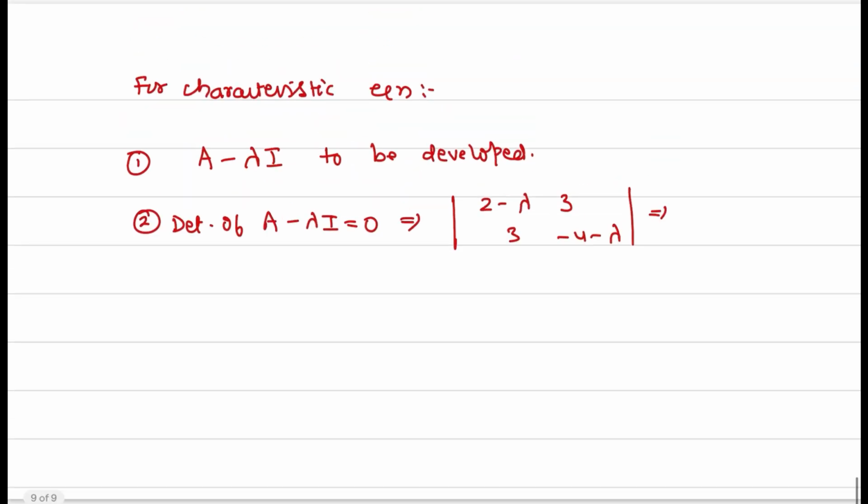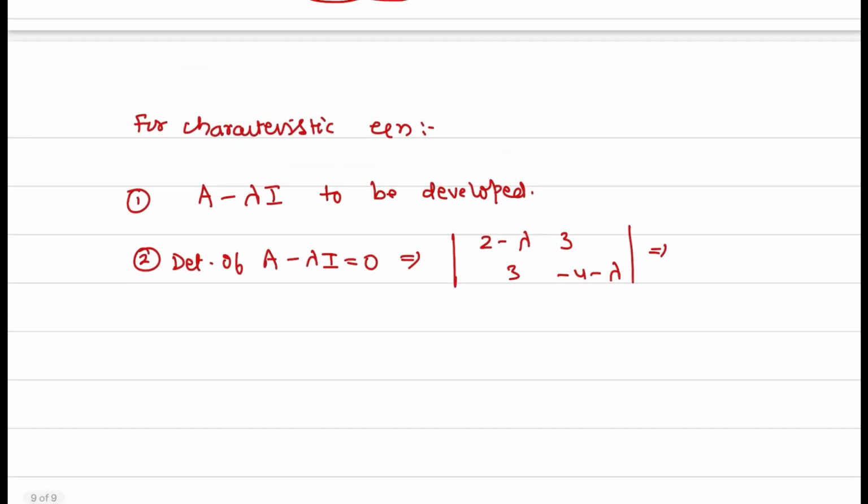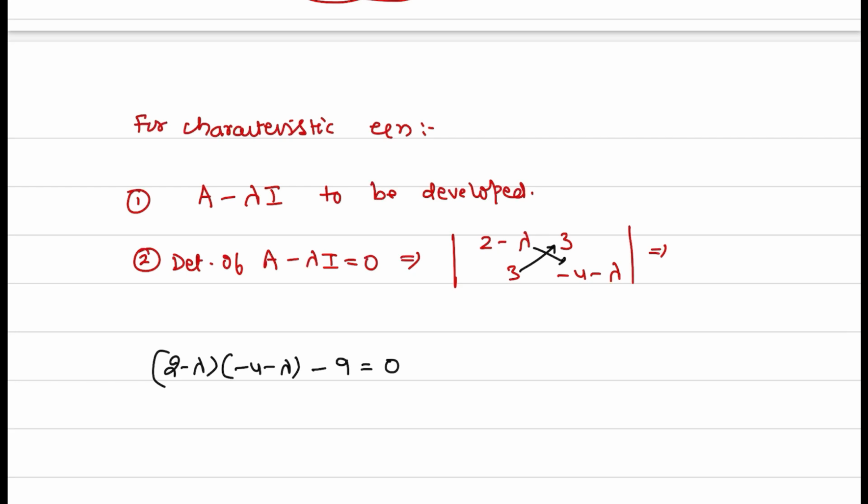You can find the determinant easily: this into this minus this into this. That is 2 minus lambda into minus 4 minus lambda, minus 9, is equal to 0. This is the characteristic equation.